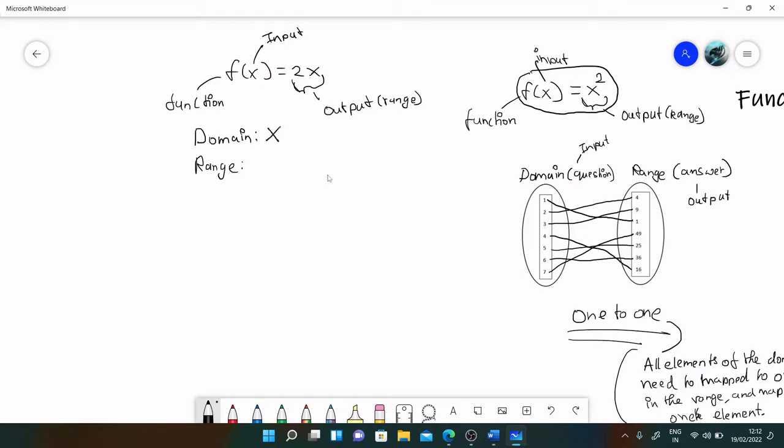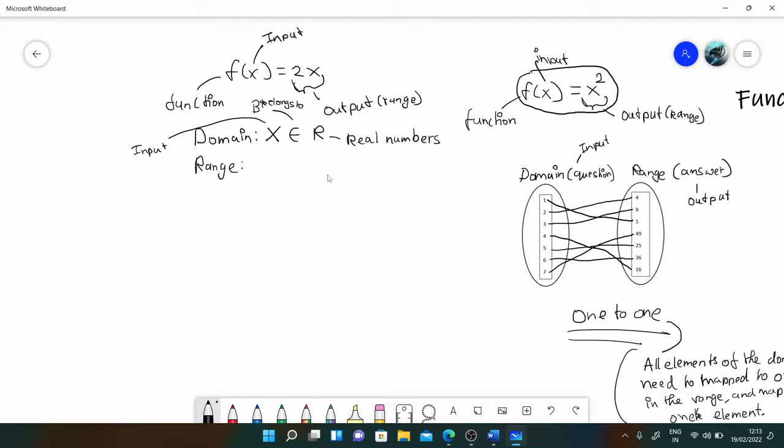So we will be writing x belongs to R. This symbol means belongs to. x represents input and R represents real numbers. Real numbers are basically all our numbers, our decimals, rational numbers, irrational numbers, fractions, integers, everything.